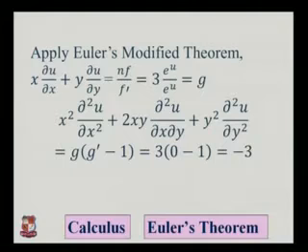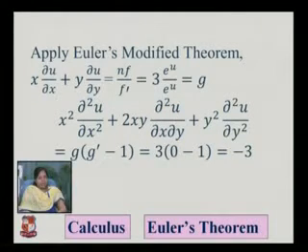So we are writing x square del square u by del x square plus 2xy del square u by del x del y plus y square del square u by del y square is equal to g into g dash minus 1. So g is 3, g dash is 0, into minus 1. We have our answer as minus 3.